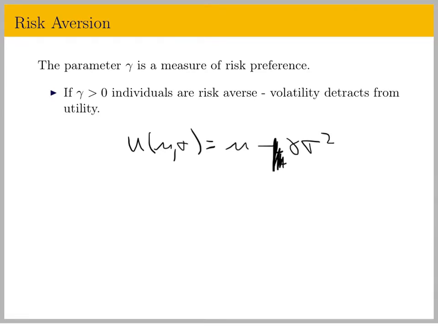Disregard the 1/2, we don't need to worry about that. You can see that if gamma is positive, sigma enters negatively, which means volatility is a bad thing, which means an agent with a positive gamma is risk averse, does not like volatility.